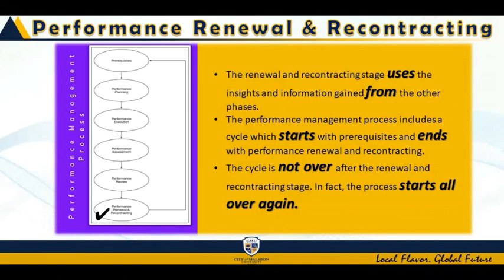There is a need to revisit the prerequisites, including the organization's mission and strategic goals, and even the job KSAs, because the market changes, customer preferences and needs change, and the product also changes. There is a need to continuously monitor the prerequisites so that performance planning and all the subsequent stages are consistent with the organization's strategic objectives.